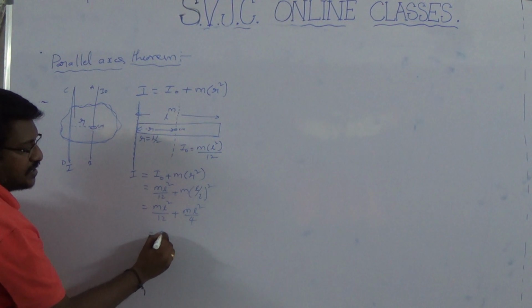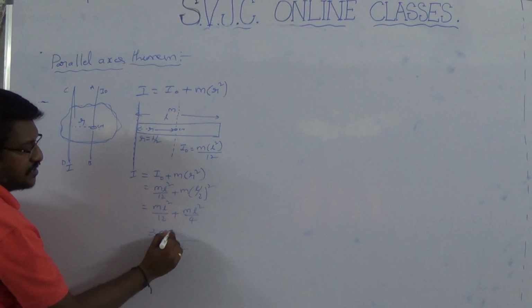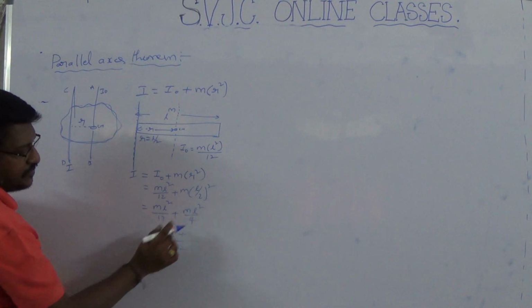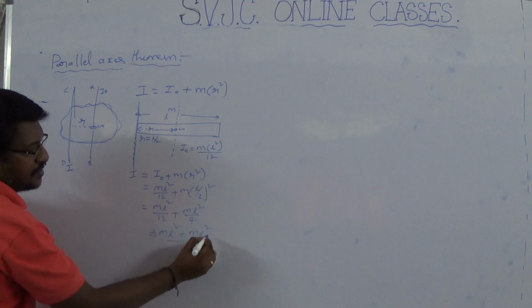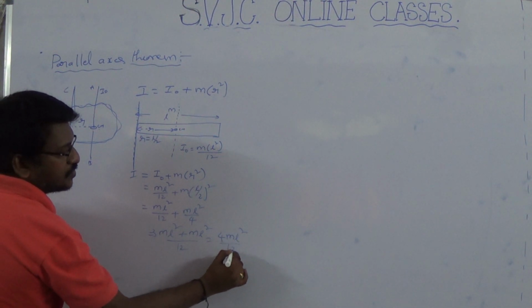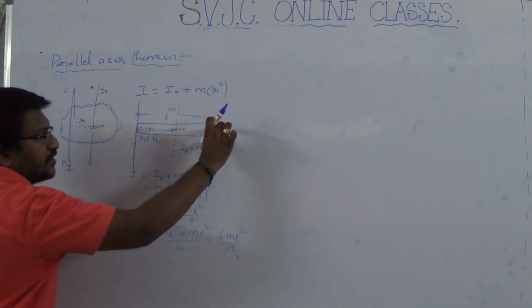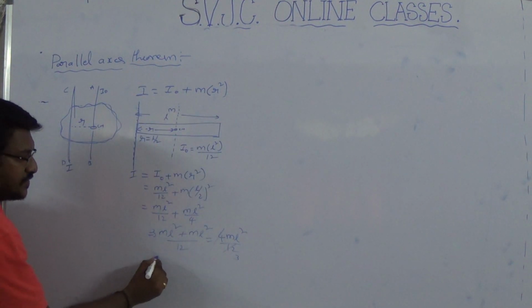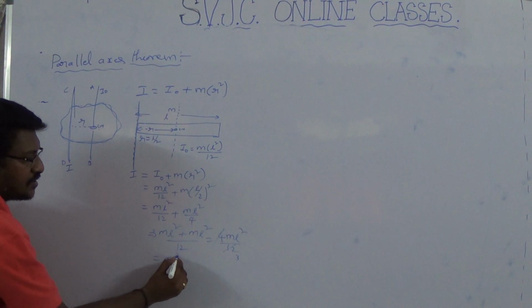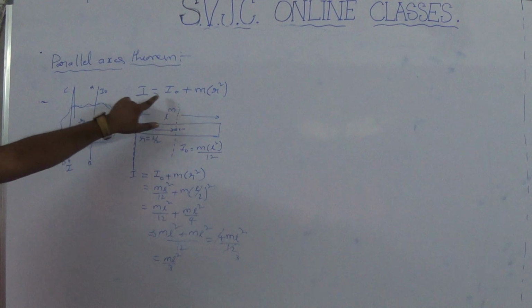Taking LCM 12: 4 ones are 4, 3 ones are 3, so m l square plus 3 m l square, that equals 4 m l square by 12. So the moment of inertia of this rod with respect to this axis is given by m l square by 3. That is one application of the parallel axis theorem.